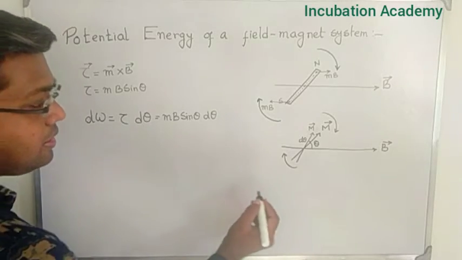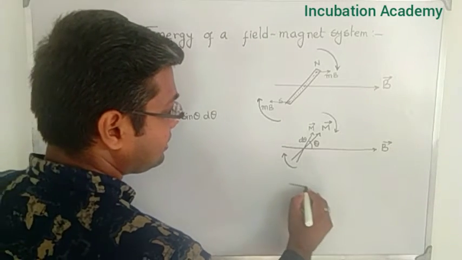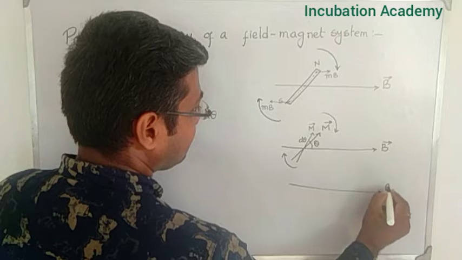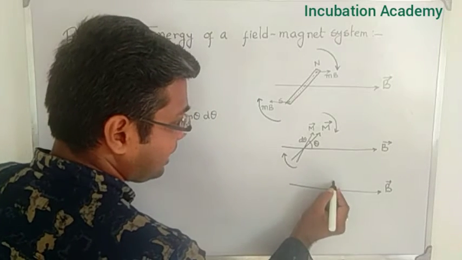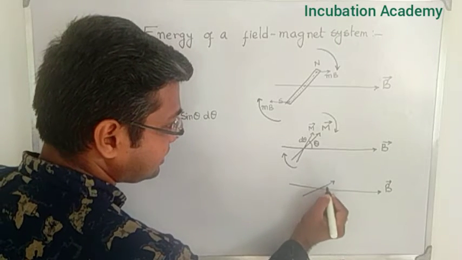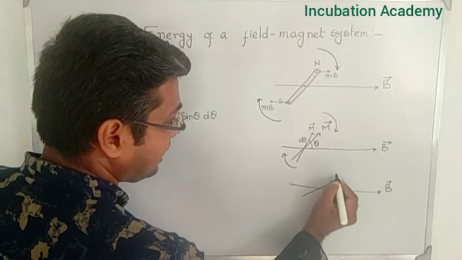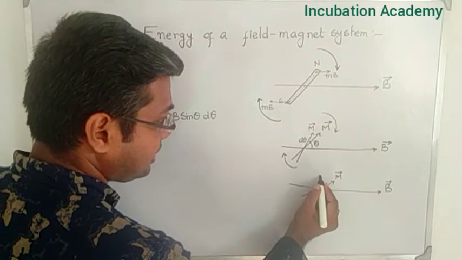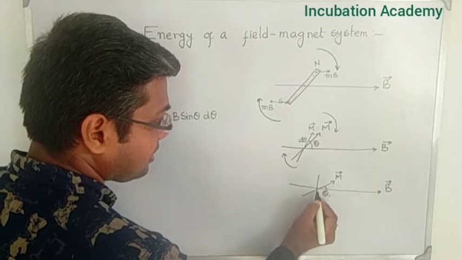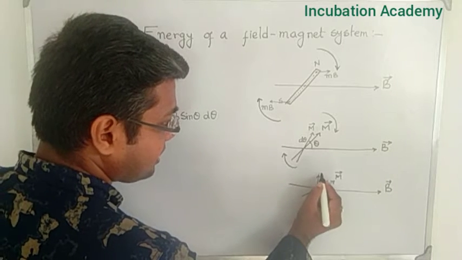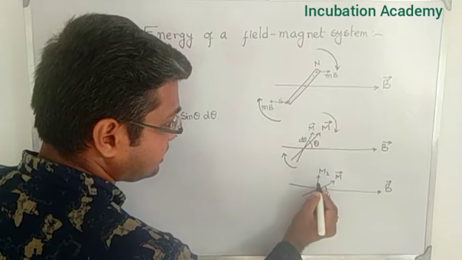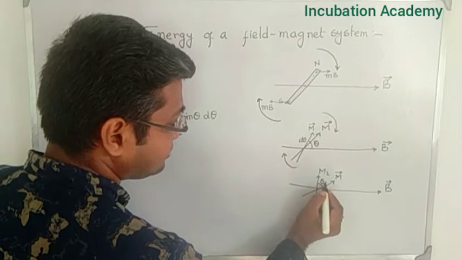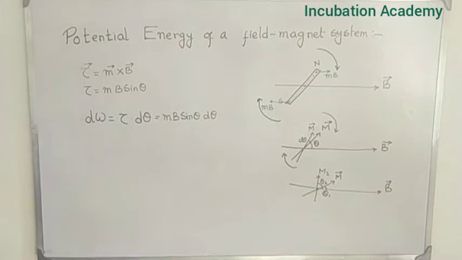Now let us consider that the magnetic moment initially makes an angle theta 1 with B. After that I want to bring it to a position such that it makes an angle theta 2 with the direction of the magnetic field.